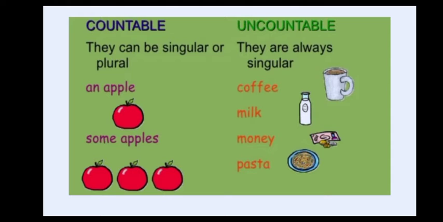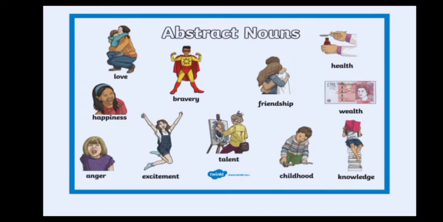That means it's a countable noun. But if I say milk, you cannot count how many milk is present. Suppose I say Sia has healthy hair. Now, how many hairs are there? That you cannot count. So anything that you cannot number, that comes under your uncountable noun.